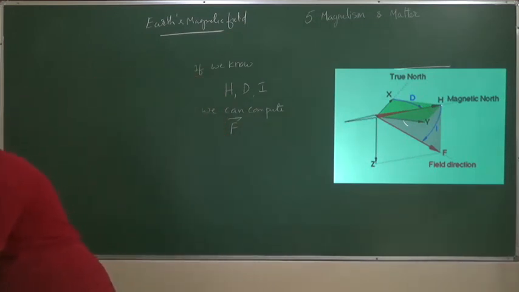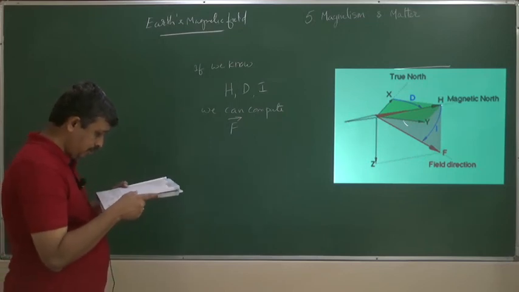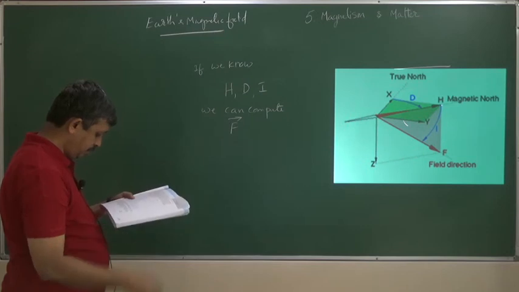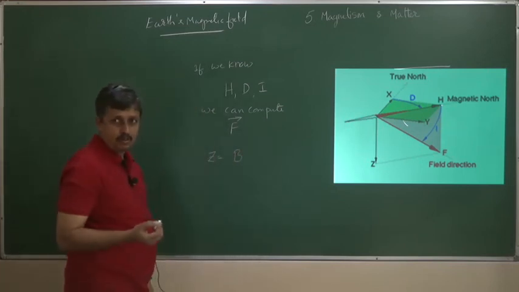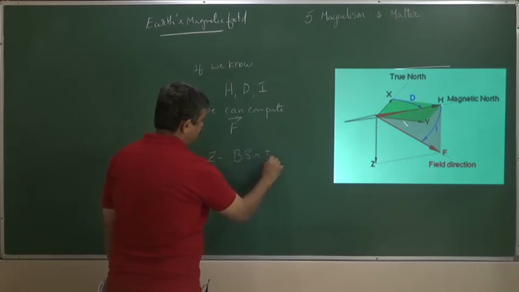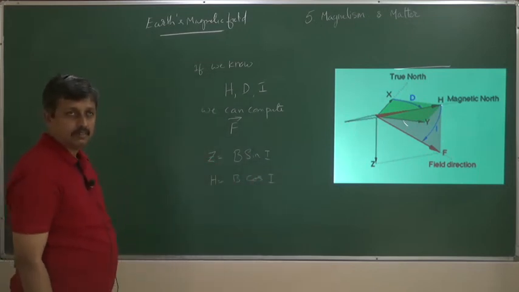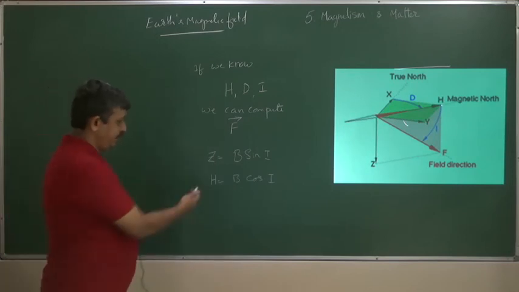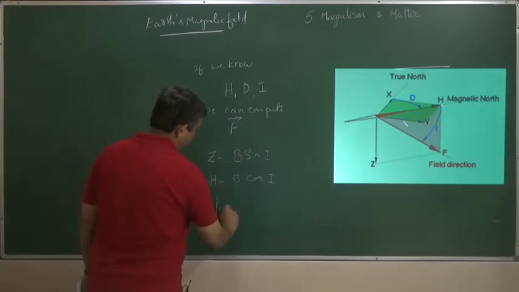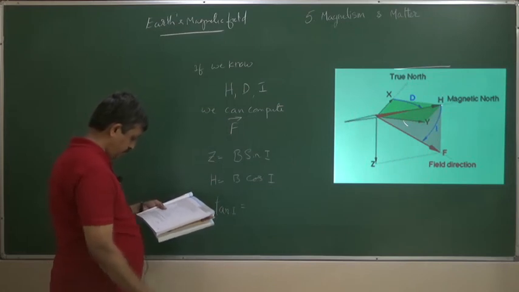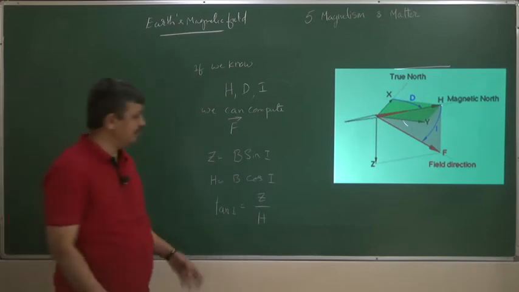The first thing that we can write down is Z is equal to our total B, the full field, times sin I, whereas H is equal to B cos I. So if you know I and H, you can always find out B. Also tan I is equal to Z by H. So just by these angles, we can calculate.